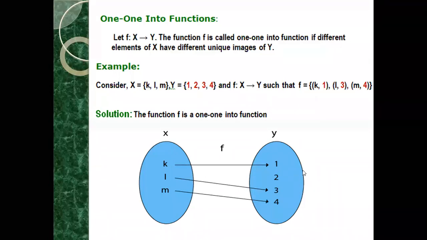One-to-one into means different elements of X have different unique images in Y. So k has image 1, l has image 3, and m has image 4. The different elements have different images and it is an into function. That type of function is called a one-to-one into function.